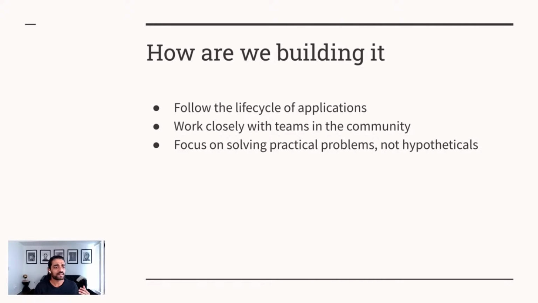The feedback that we get from them, and Frank touched upon this as well, gets us to understand, oh, these are the areas that we should be focusing on, or this is the order in which we should be working on things. So again, a general guiding principle: work through the life cycle of the application, but really work closely with the teams in the community to figure out what are the most pressing things we should be working on.